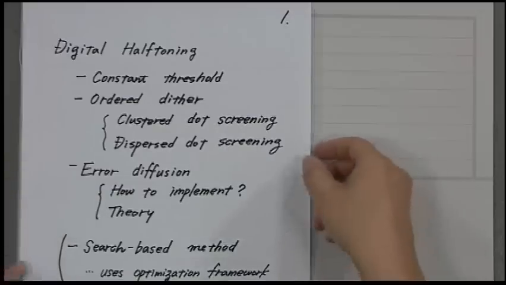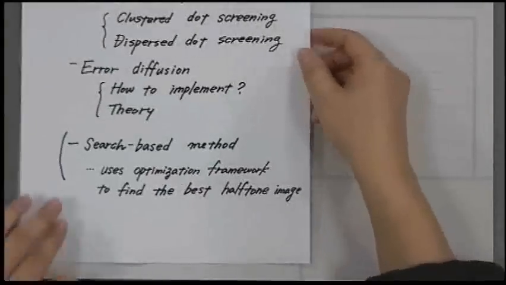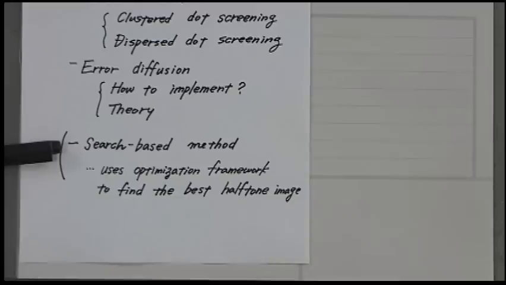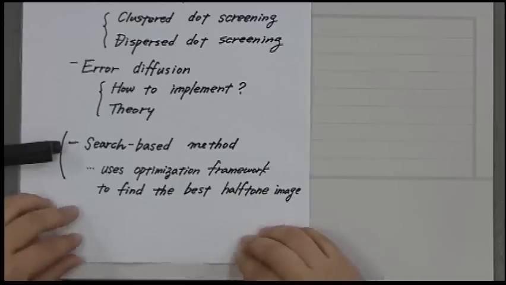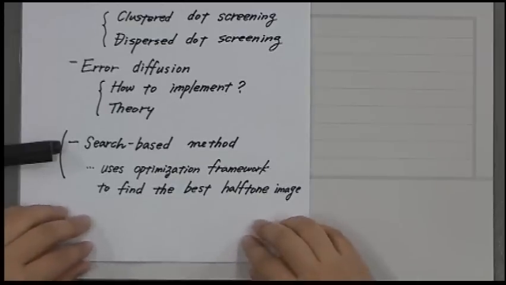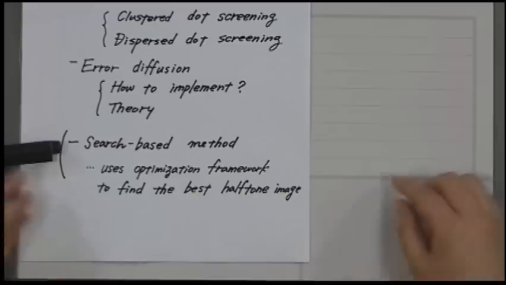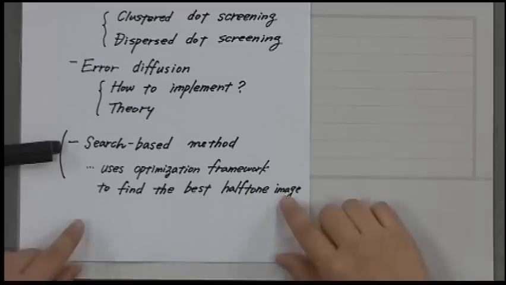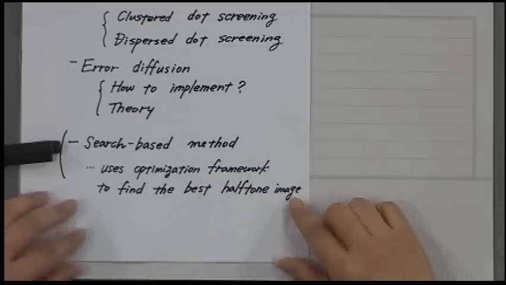And actually, this doesn't exist in the notes, but there is another method, which is called the search-based method. This method uses an optimization framework to find the best halftone image, usually in some iterative way to find the optimal solution, so it takes lots of time.